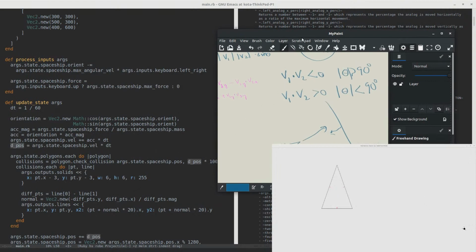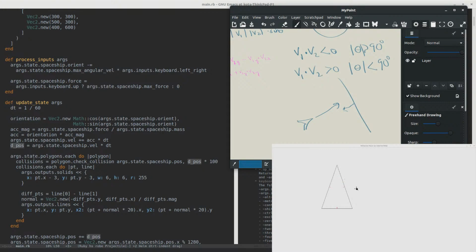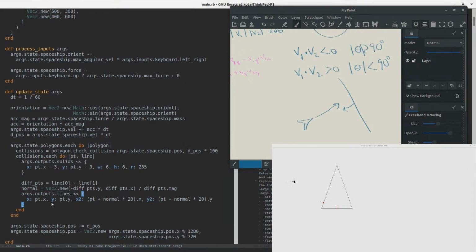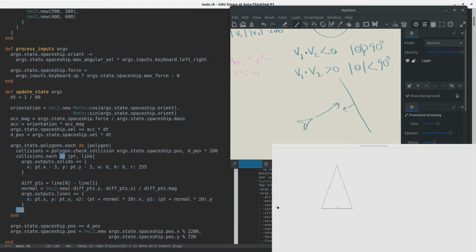Let's test that. Okay. Deposition. So normal. Outputs dot lines. Let's see.